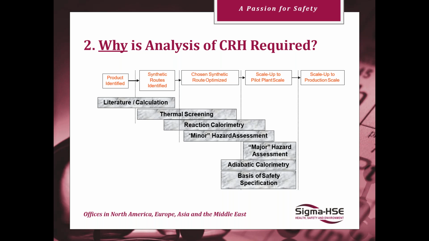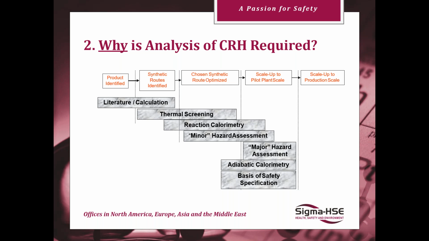So if you're starting to identify raw materials or even the final product that you're wanting to make, then having that thermal screening information up front can certainly help you make decisions. If you've got a precursor that's got a low thermal stability and you've got another candidate that is a lot more stable, then you may choose to go down route B, understandably.